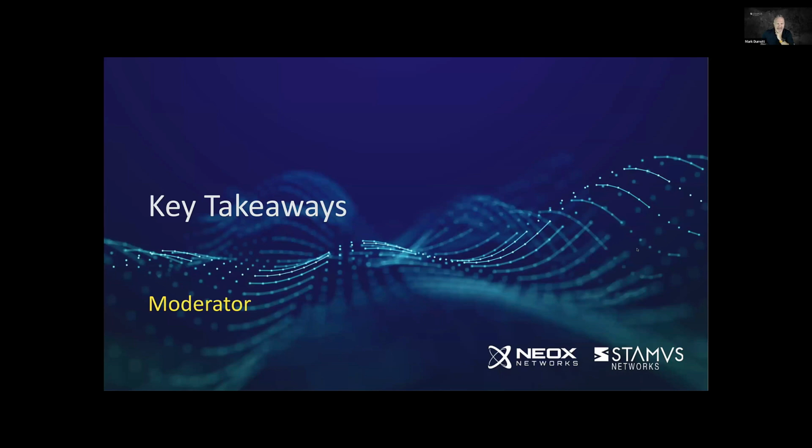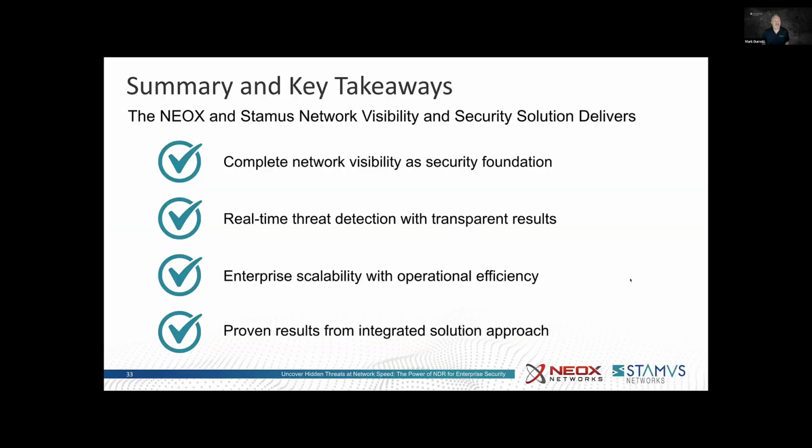Just wanted to recap a couple of the takeaways from this conversation. You heard Nadeem, in the best practices that he just reviewed, focus a lot on getting that complete network visibility foundation solid.